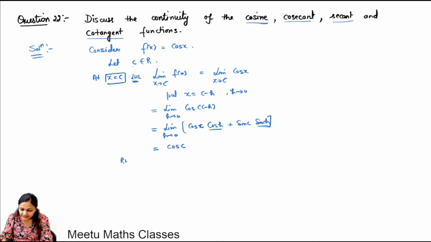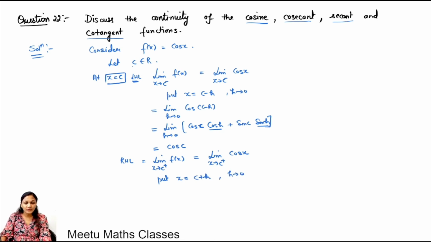The right hand limit is limit x tends to c plus f(x), and f(x) is cos x. Now put x equals c plus h, where h tends to 0.